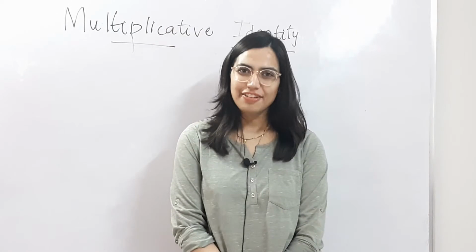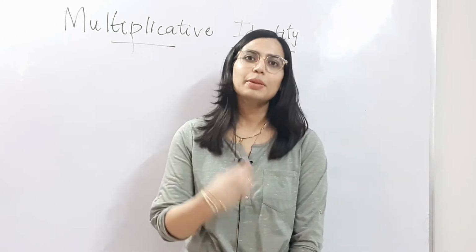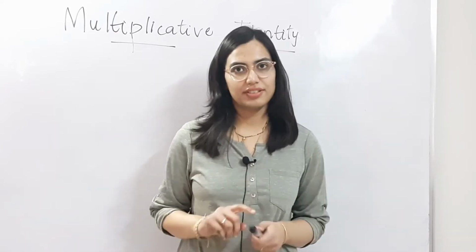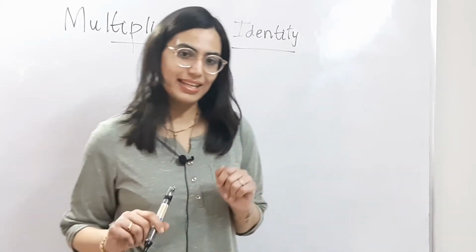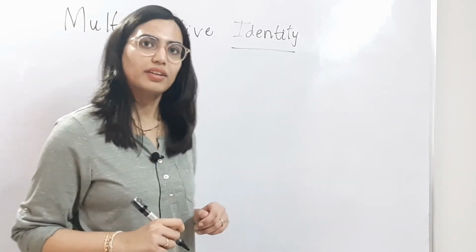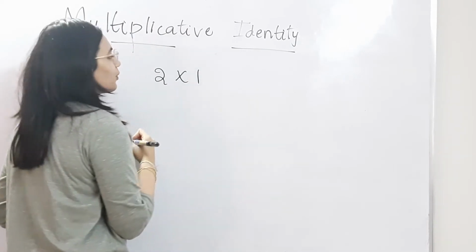What happens if we multiply a number by another number? That means we are repeatedly adding that number so many times so that we'll get one result, right? So in this case, what happens if we multiply a number by 1? For example, what happens if I multiply 2 by 1?